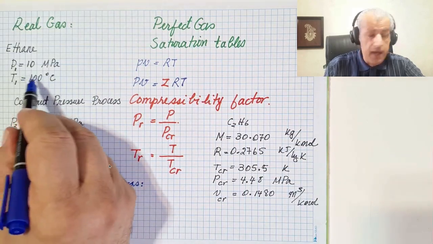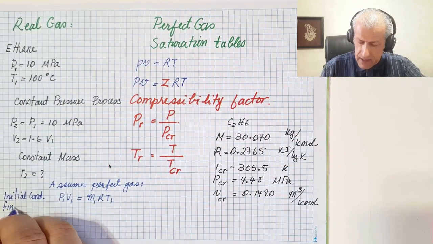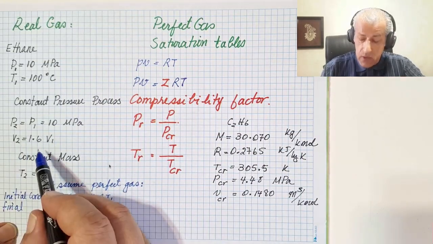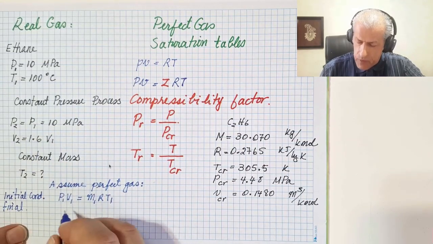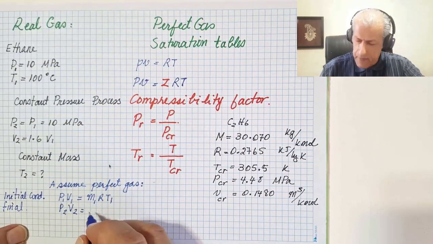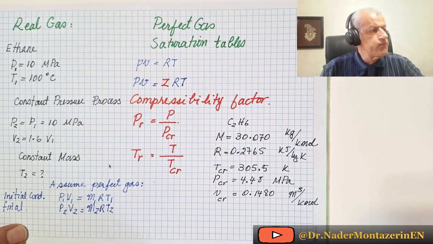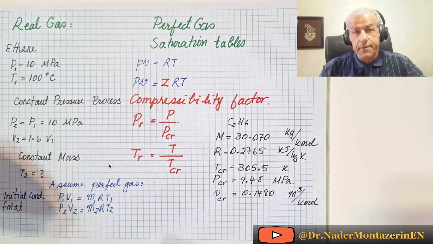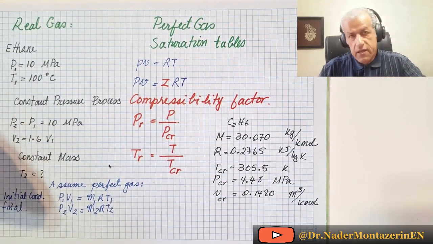And at its final condition, after the constant pressure process has ended and its volume has increased 60%, we have P2 V2 equals M2 R T2. These are just the perfect gas law for the initial and final conditions.